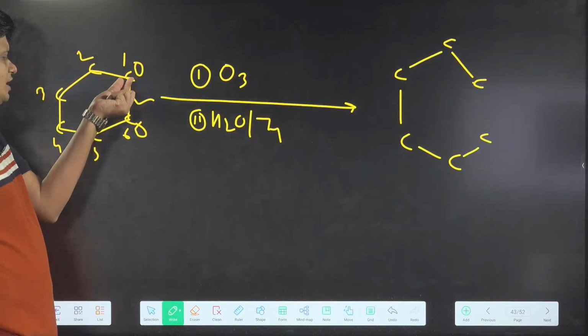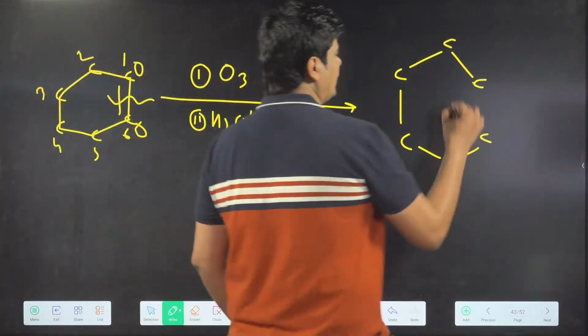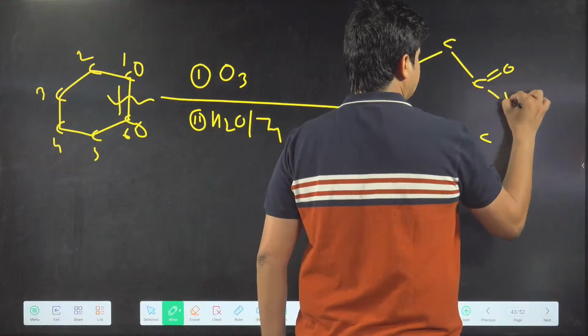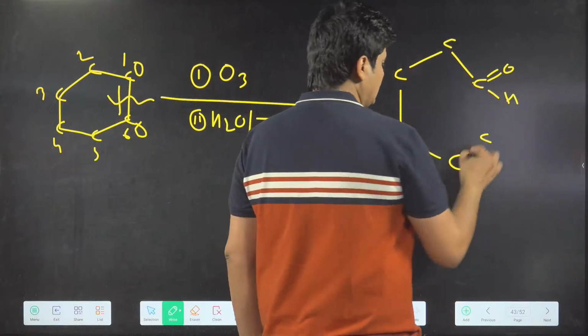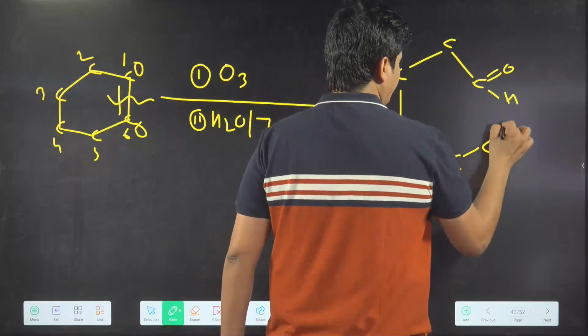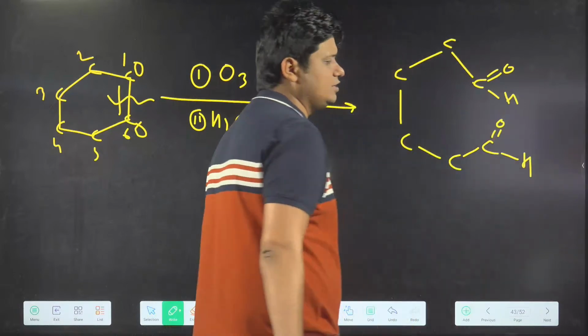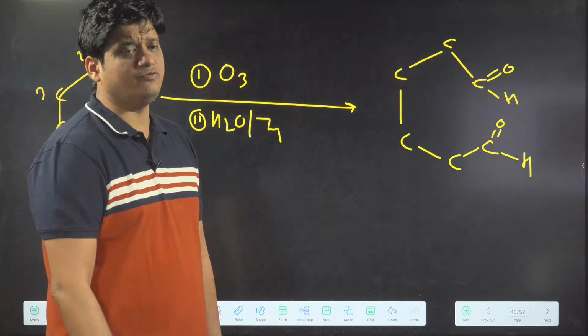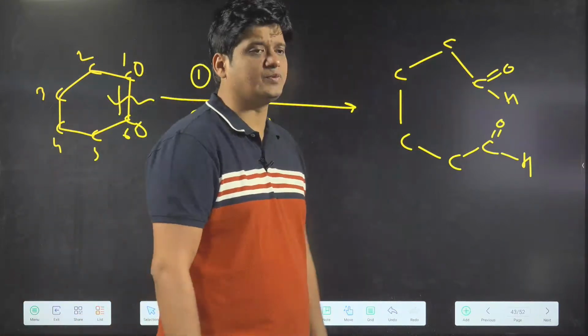Oxygen is bonded to 1 and 6. So this becomes double bond O. 1 valence is left, that is satisfied by hydrogen. Likewise, there also the 6th carbon is bonded with C double bond O, and the valence is satisfied by hydrogen. This product is formed. This is the way to find the ozonolysis product.